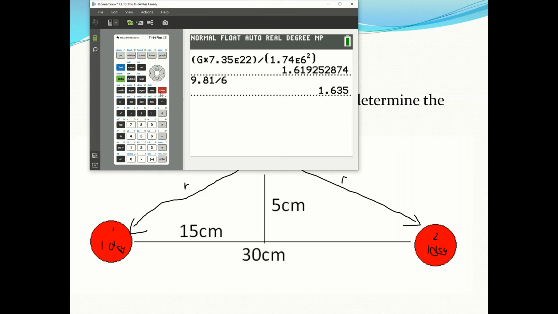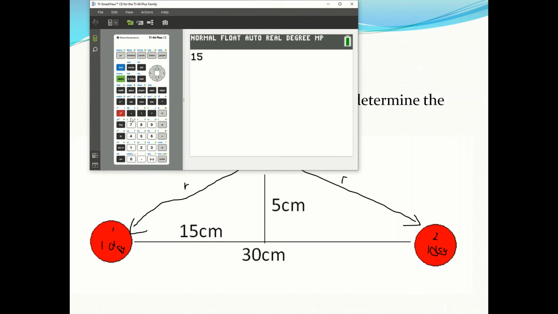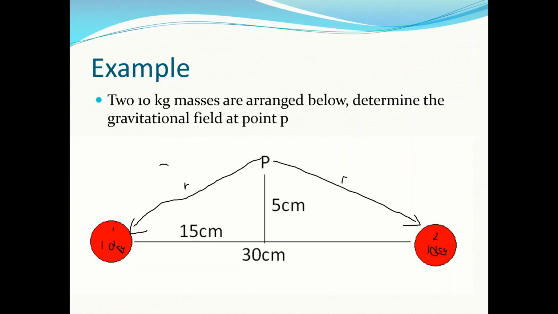Let's clear this. So I'm going to go 15 squared plus 5 squared, and I'll square root that. And I get 15.881. So this is 15.881 centimeters and 15.881 centimeters. And I'll try to use that full answer there. And I also need this angle here so I can go tan because I have opposite and adjacent.